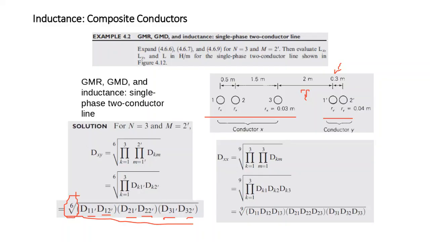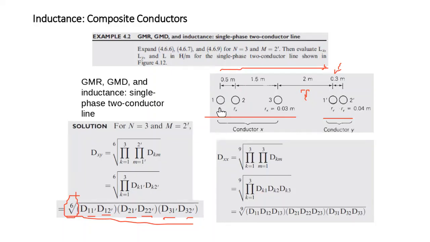So therefore, you need to find the distance now. So from 1 to 1 prime, you will go all the way to here until 1 prime, then you stop. Therefore, what you will do here, 0.5 plus 1.5 here, plus 2, and then you stop. So from the center, okay?